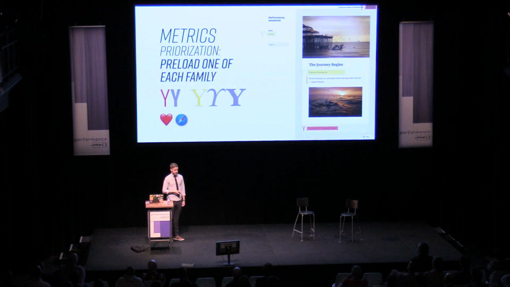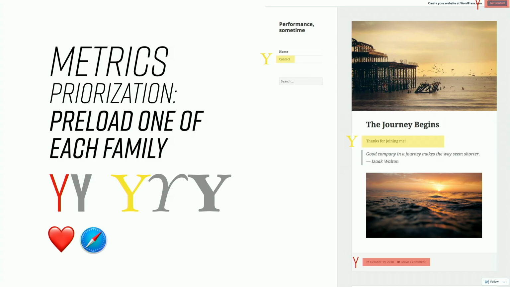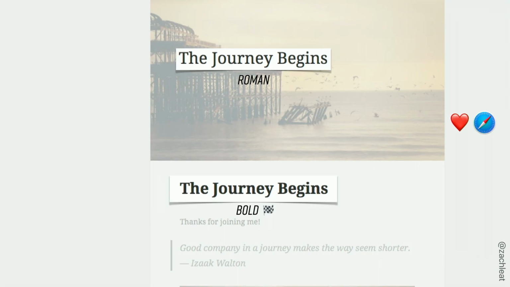And when we use this prioritization strategy, it works great in Safari. And I'll explain why. And this is how it renders on the page. So not great when it comes to thinking about what the user actually wants to do on the page, but if we preload our Roman version here, in this example we're using the serif, when the Roman is available on the page, the browser has a decision that it needs to make when it's trying to render a bold element that exists on the page.